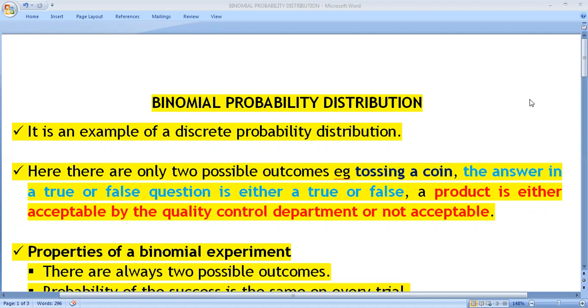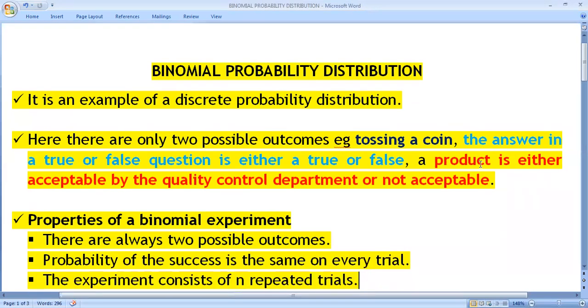You need to know the properties of a binomial experiment. As we have seen, there are always two possible outcomes. The probability of success is the same on every trial.